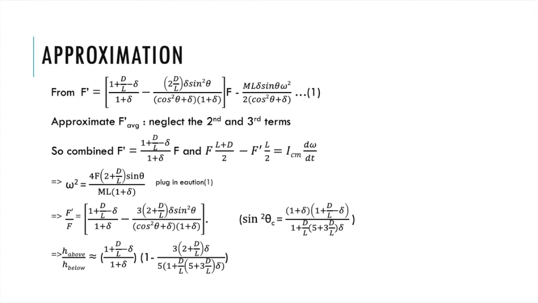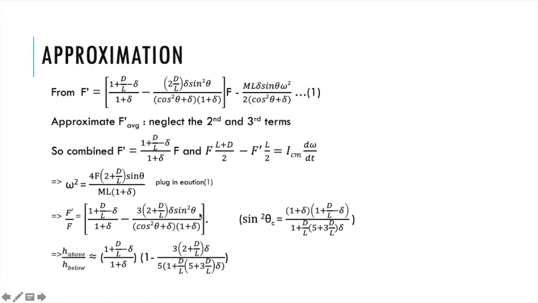But the result looks a little bit complex and includes angular velocity, which is hard to calculate, so we have to simplify the equation. To approximate F1, we ignore the second and third parts of the equation, and we assume that theta is a small angle, so that cosine theta is nearly equal to 1, and sine theta is equal to theta.